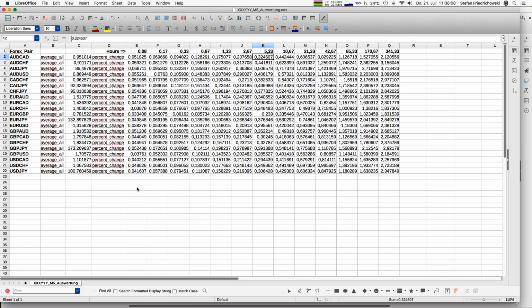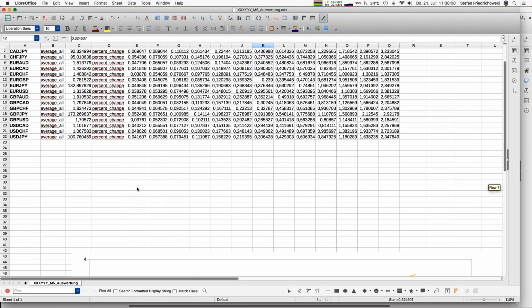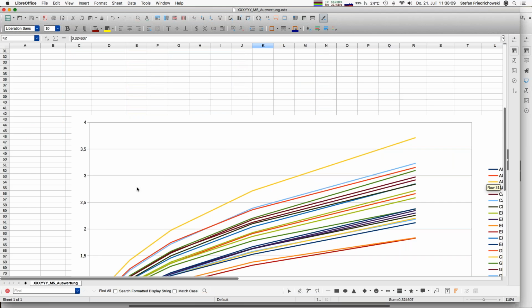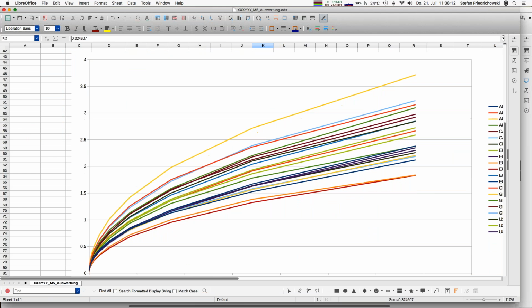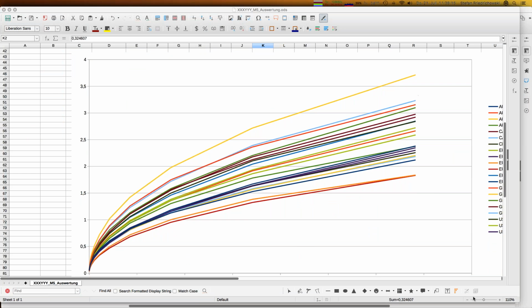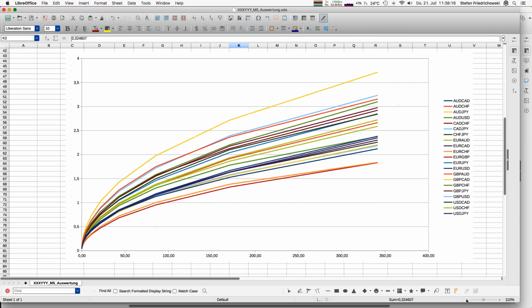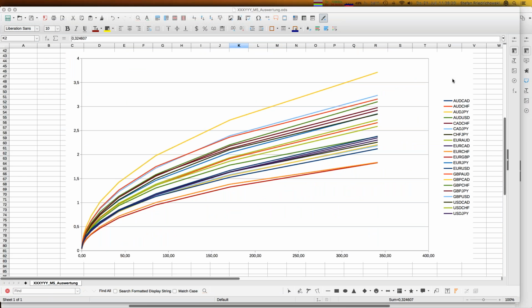How does that look like if we plot a chart? So a chart of that would look like this for the different underlyings. And what you can see here, once again, the x-axis are hours, the y-axis is percentage, so a 3 really means 3%, so 0.03.